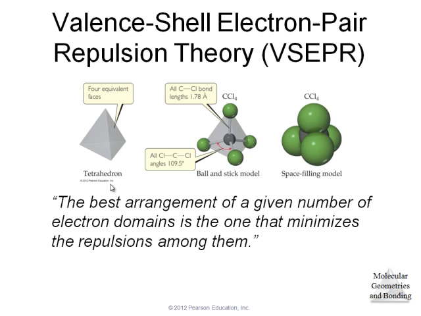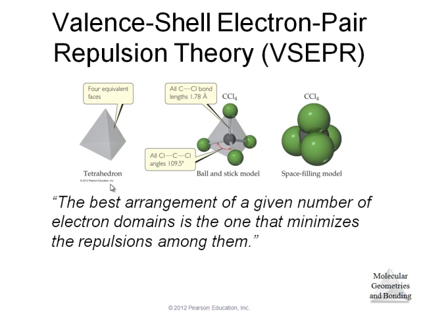Now, once you get the electron domains, these electron domains repel each other. This is called Valence-Shell Electron-Pair Repulsion theory. Long name, so the short form we call it VSEPR theory, just the first letters of Valence-Shell Electron-Pair Repulsion theory. The VSEPR theory is basically put together in this one sentence.